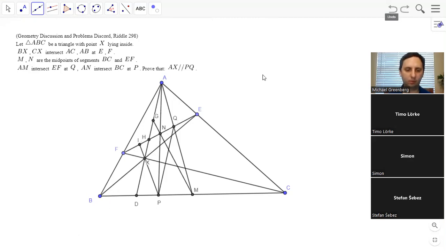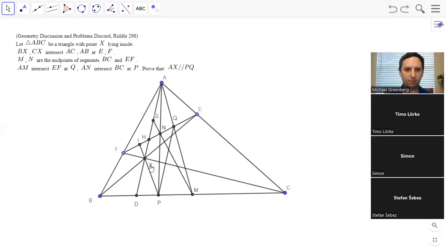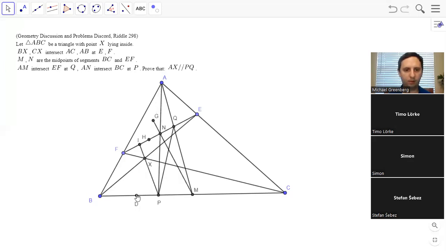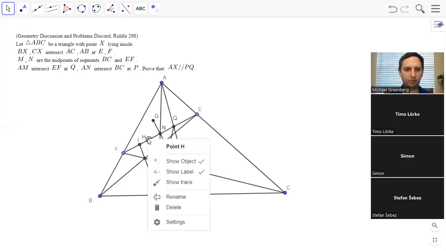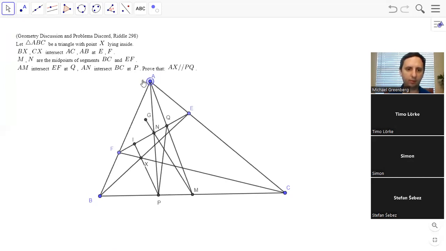Interesting. So in that case, we can hide a couple things. Okay, so after a couple of projections, we want to show GI and QX intersect on BC. That's what you're saying.